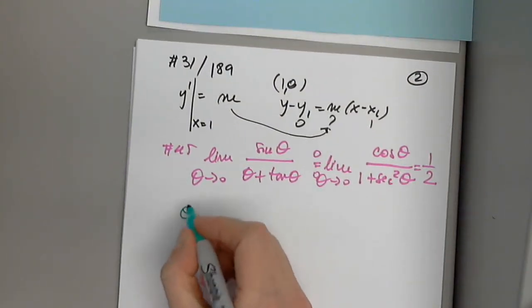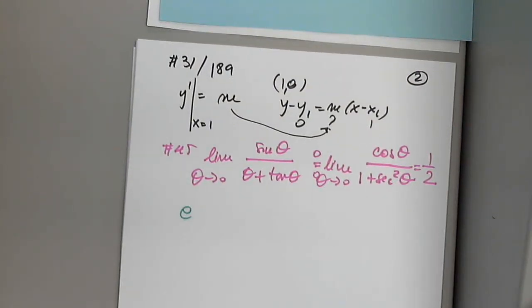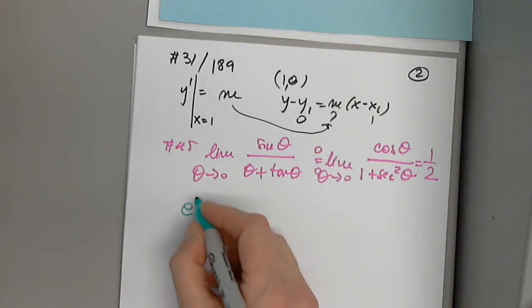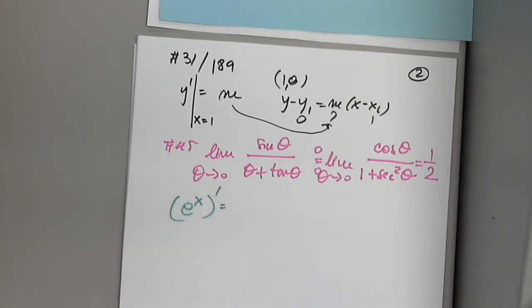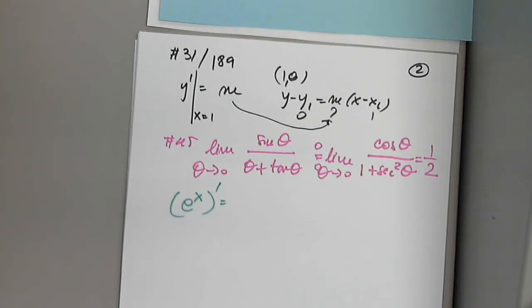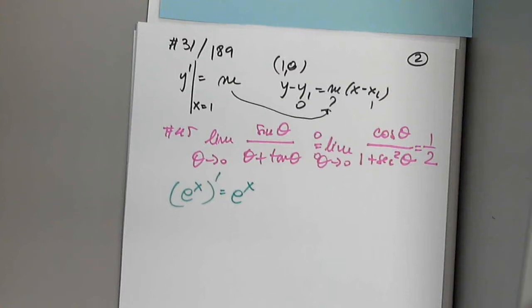This is still 3.4. So when we proved this with the definition, we came up with what? Yes, e to the x is the only function whose derivative is e to the x.